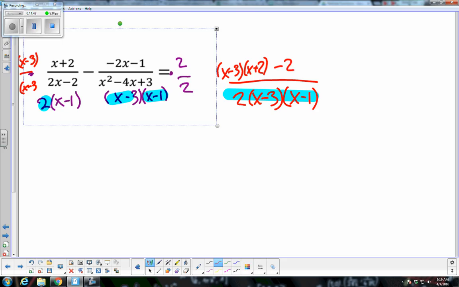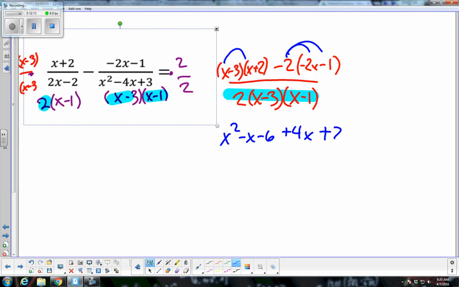Hopefully you see all that come together. Now, foil here. You're going to foil these guys right here. So you get x squared, and I'm going to do it real quick. That's going to be minus x minus 6. You know how to foil. And then this side over here, that's going to give you plus 4x. Make sure you distribute this too. That's what I didn't do last time, so plus 2. And then over here, this bottom will stay the same. We're not going to mess with the bottom for right now.